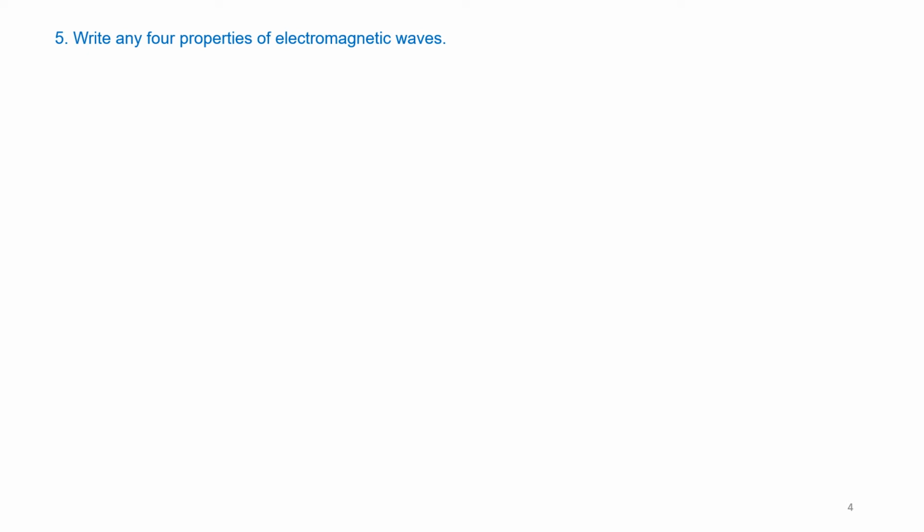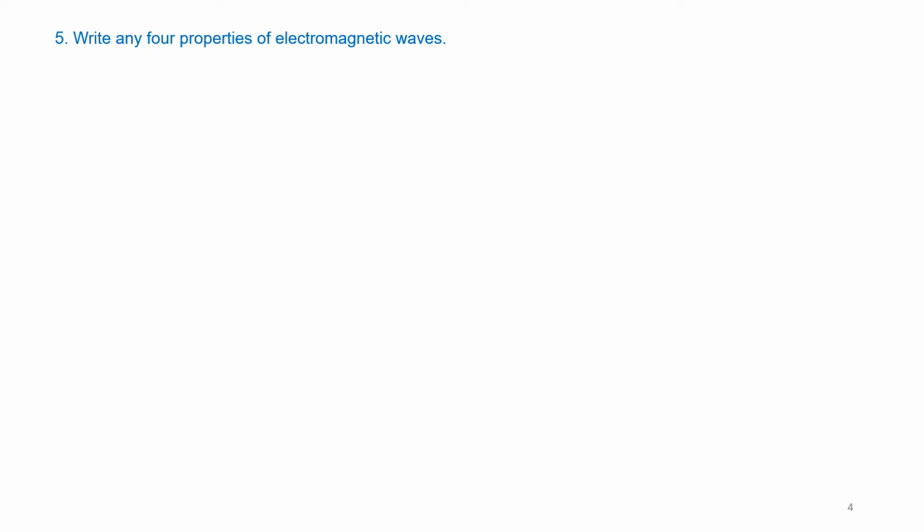Question number 5. Write any 4 properties of electromagnetic waves. In the previous question, we learned about the generation and characteristics of electromagnetic waves. Now we will answer a question which says write any 4 properties of electromagnetic waves.